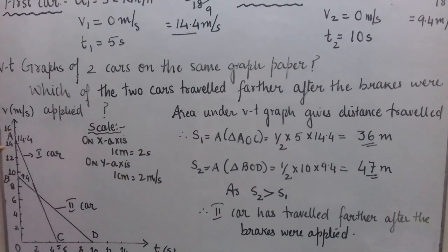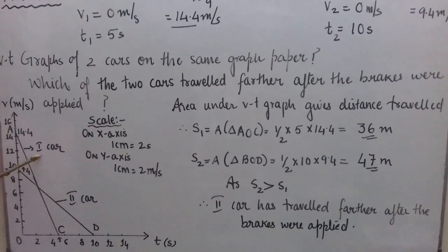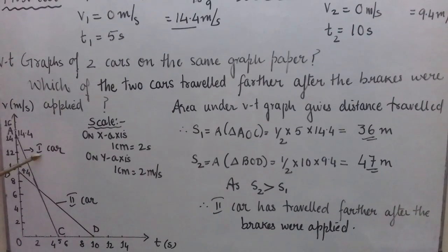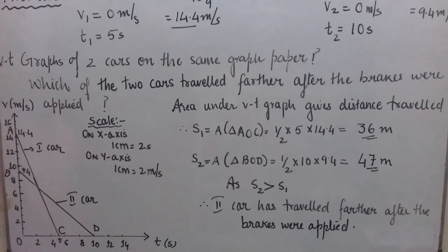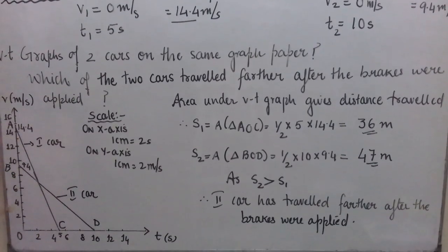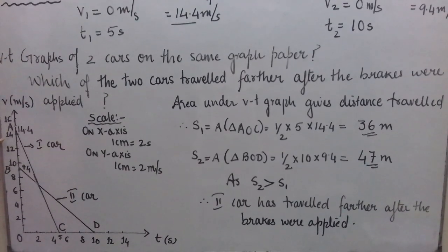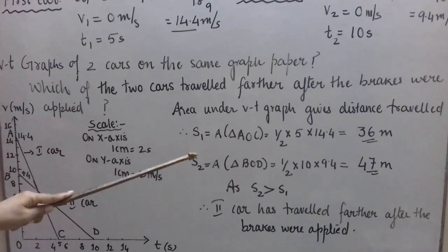This AC is the VT graph for the first car. So the area under this graph means the area of triangle AOC. The area of this triangle will give us the distance traveled by the first car after the brakes were applied. So S1 is the area of triangle AOC.